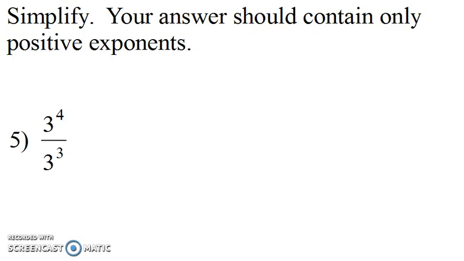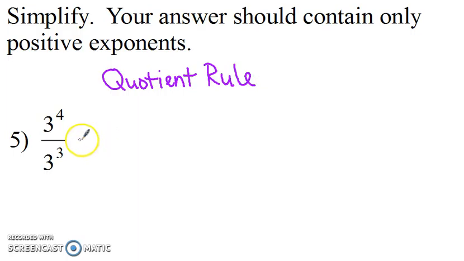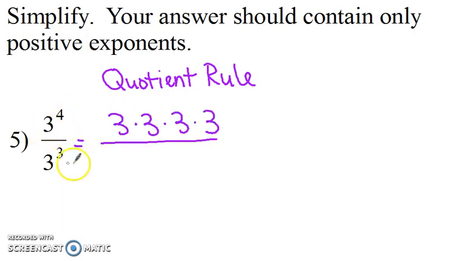Alright, here is quotient rules. So for quotient rule, we're going to write on the top 4 3s. And on the bottom, we have 3 3s. According to the rules of math, if I can do it to the top, I can do it to the bottom.